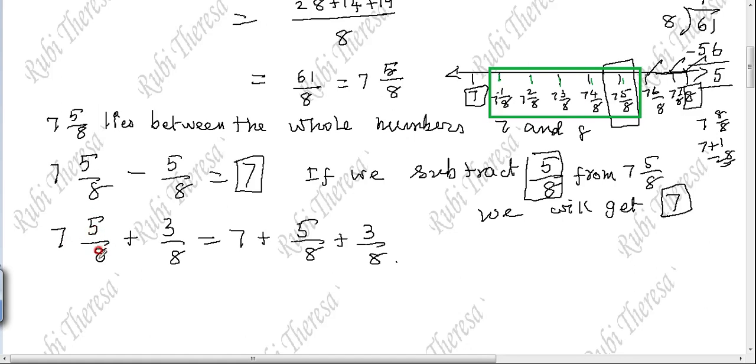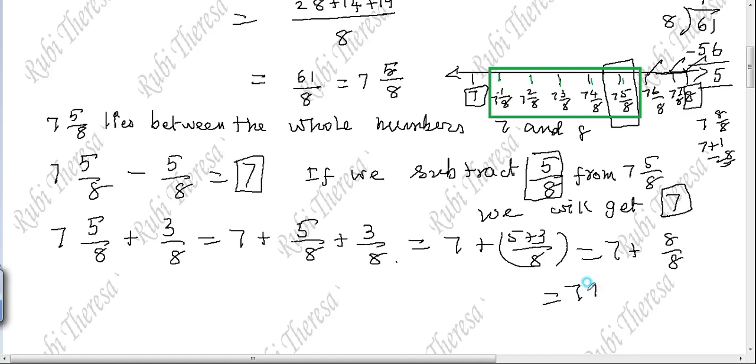7 5 by 8 is nothing but 7 plus 5 by 8. Understand? Do you follow or not? Every one of you. So 7 plus, I told you, 5 plus 3 by 8. This is 7 plus 8 by 8. That is equal to 7 plus 8 by 8, which is nothing but 1. That is equal to 8.